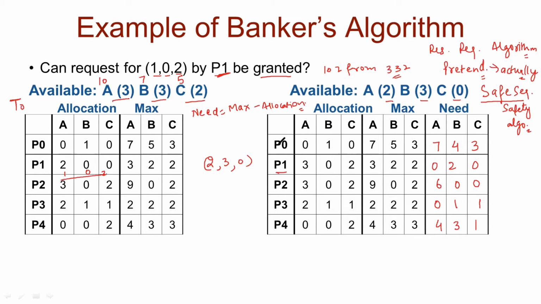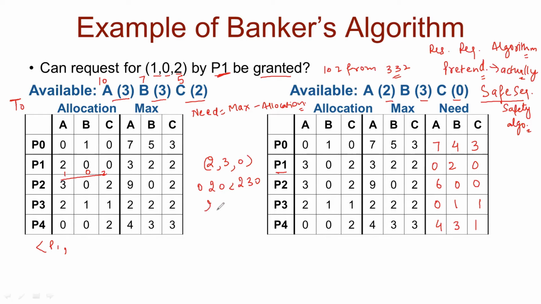P0's finish is false, but its need is greater than available, so it will not be executed now. It has to wait. Next is P1. P1 needs 0, 2, 0. Clearly 0, 2, 0 is less than 2, 3, 0. So yes, P1 will execute and release all the resources allocated to it.